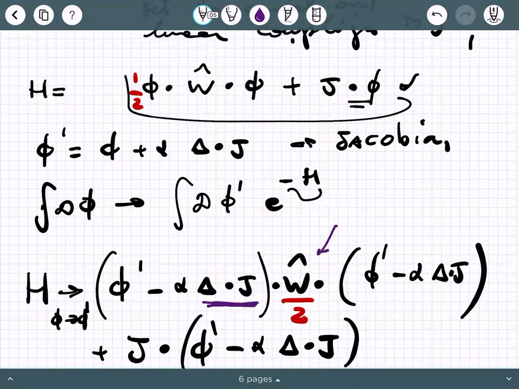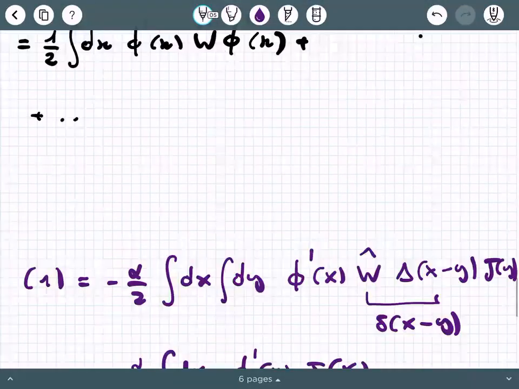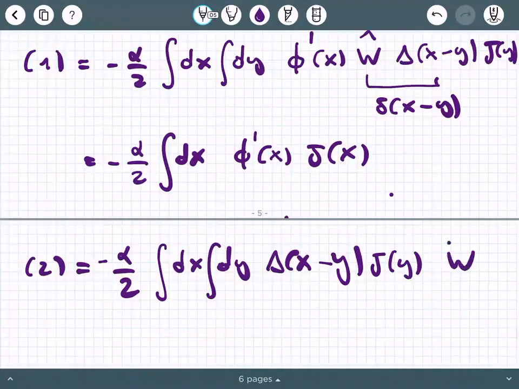This is a function of x, and this is a function of x, right? So I have delta of x minus y. This acts on x. And then, of course, I have my phi prime of x.